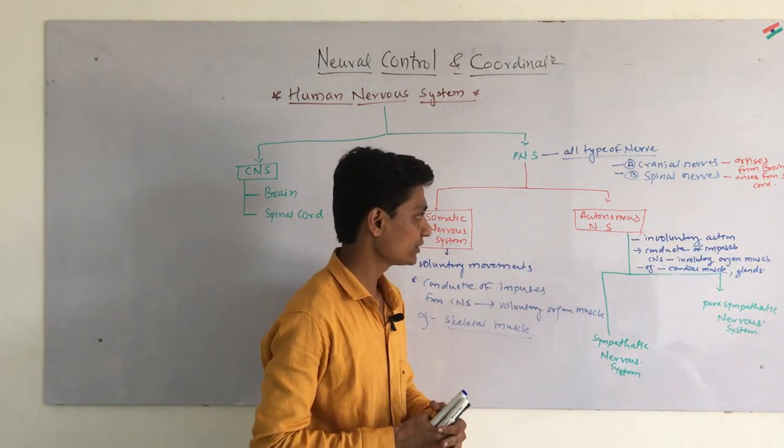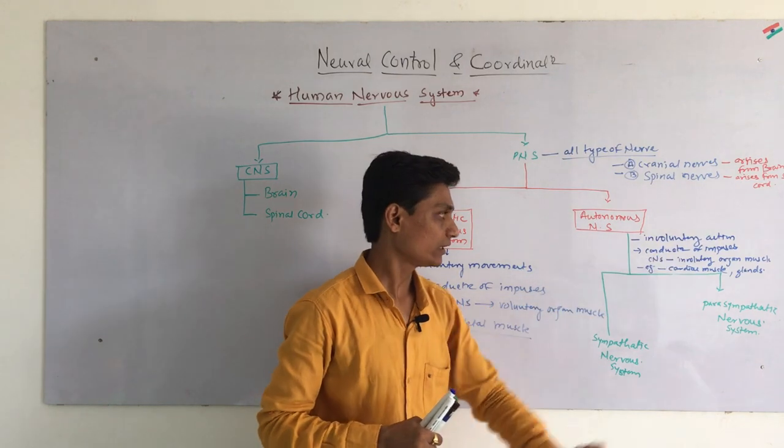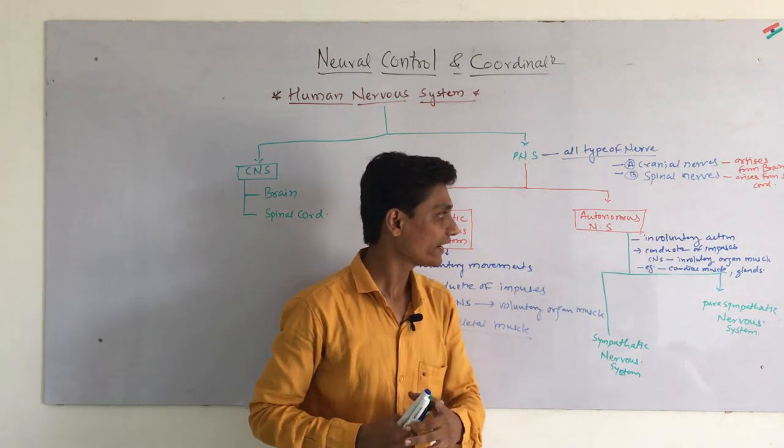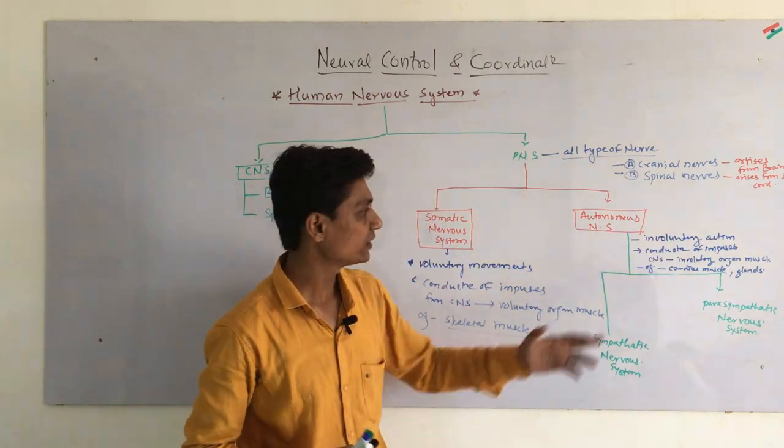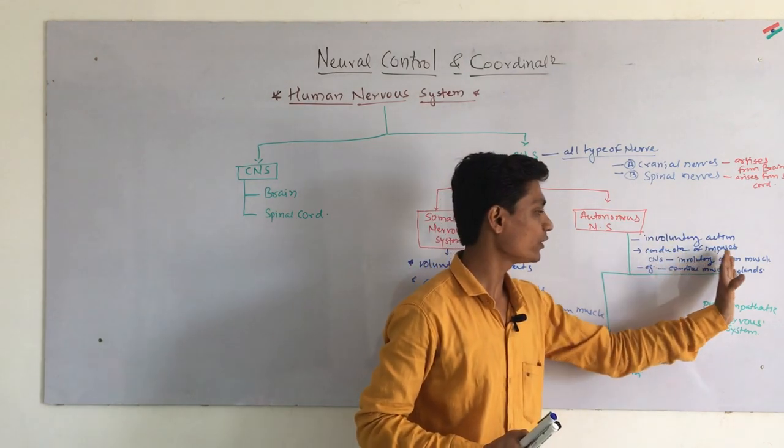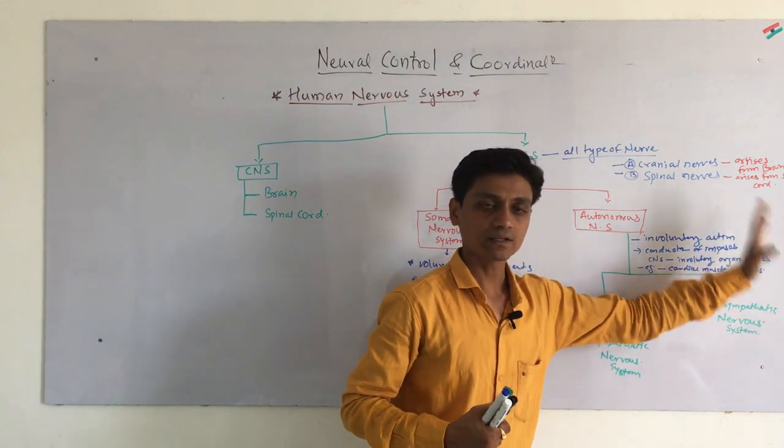So the autonomous nervous system controls the involuntary actions, and it conducts the impulses from CNS to involuntary organ muscles as well as glands.